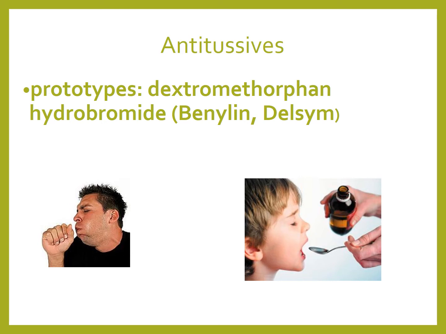Your prototype is going to be dextromethorphan hydrobromide, or Benylin or Delsym. It is used for your cough. It is contraindicated with anyone who has a productive cough, children less than 2 years old, as well as coughs from emphysema or asthma. You need to be cautious with your liver patients and pregnant patients.